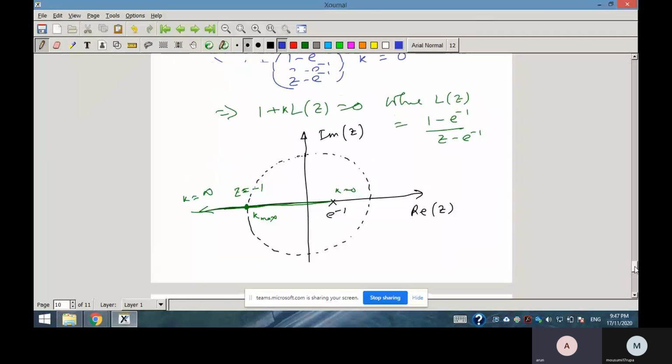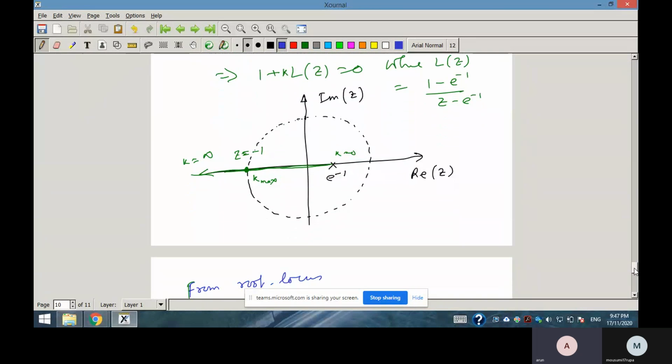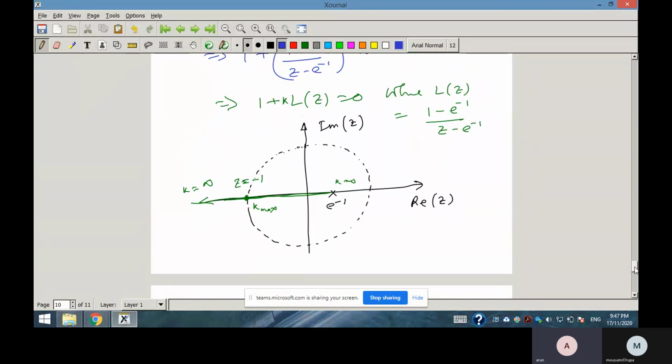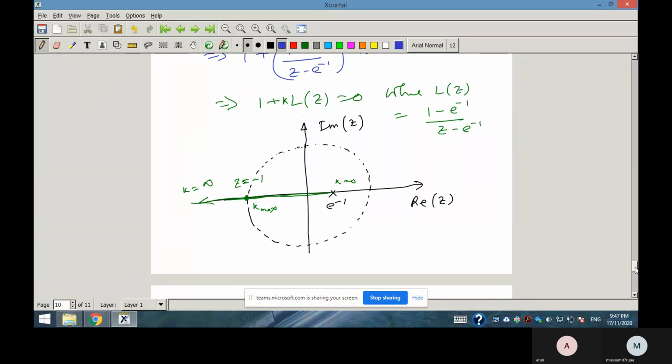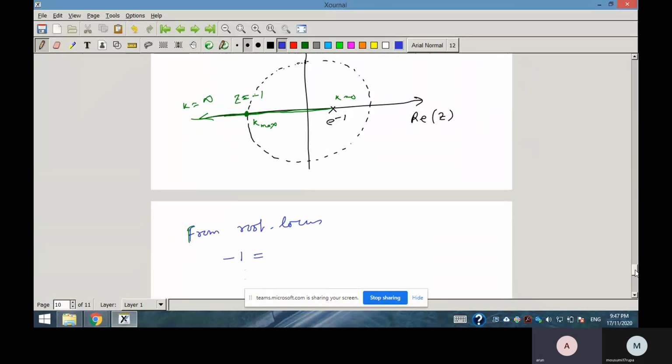So 1 plus K into L(Z) equal to 0, that is, K into L(Z) should be equal to minus 1. That means K max into L(Z) is what?